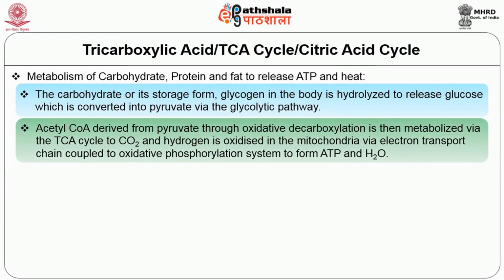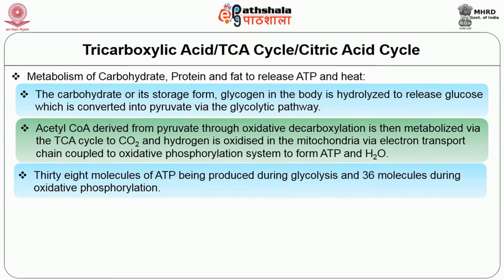Acetyl-CoA derived from pyruvate through oxidative decarboxylation is then metabolized via the TCA cycle to carbon dioxide, and hydrogen is oxidized in mitochondria via the electron transport chain coupled to the oxidative phosphorylation system to form ATP and water. 38 molecules of ATP are produced in total, 2 during glycolysis and 36 during oxidative phosphorylation.